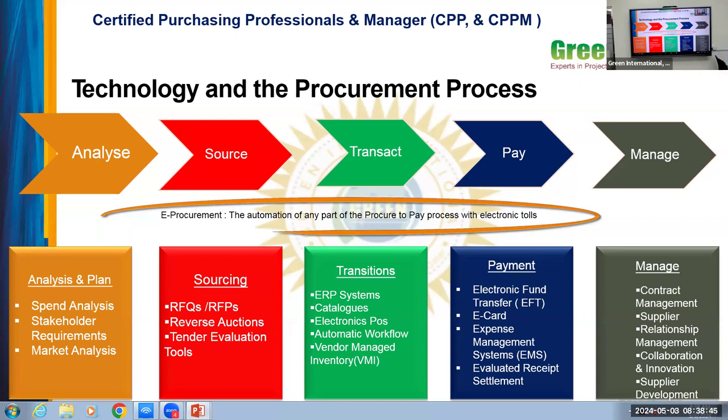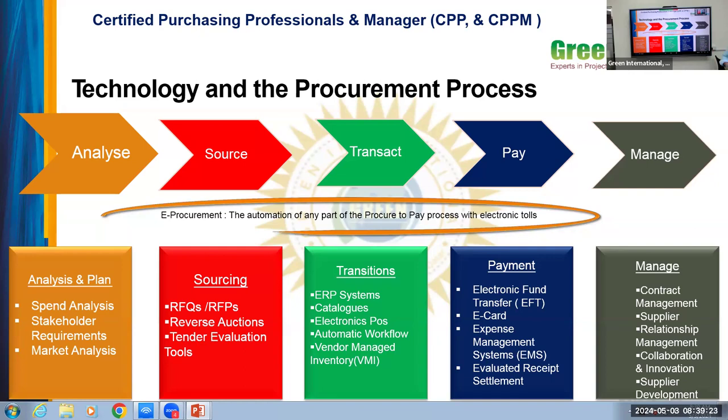Then once the necessary decision has been made as to which purchasing method is going to be adopted, then will be the process of sourcing, wherein sending RFQs and RFPs, requests for quotations, reverse auctions. In some cases there may be a reverse auction wherein any item can be requested and the suppliers start bidding for it, and the price goes down, and whoever bids the lowest will get the order.